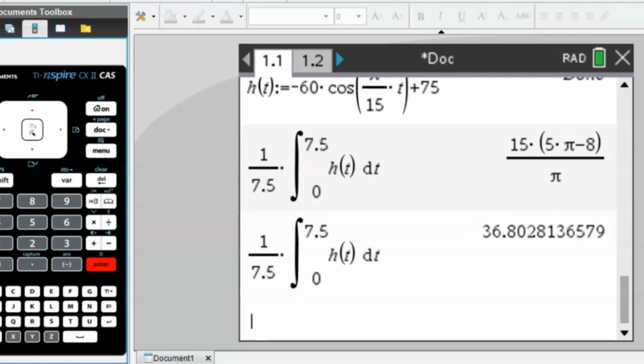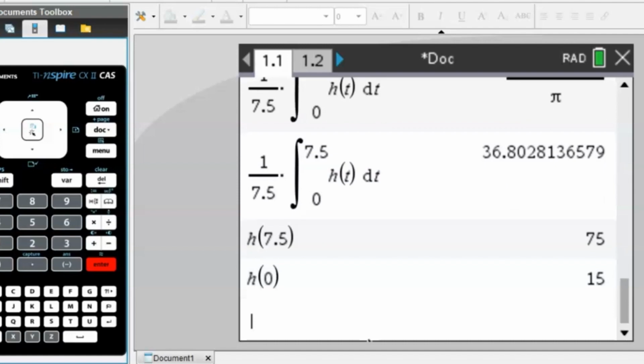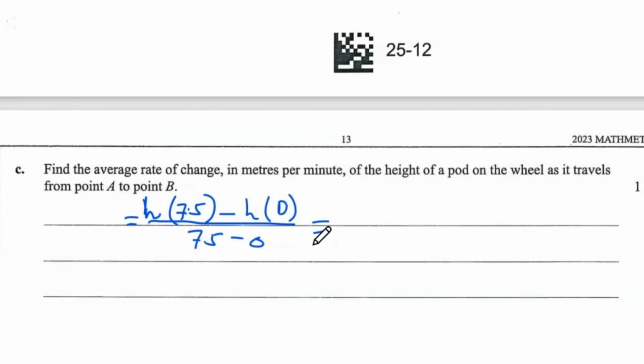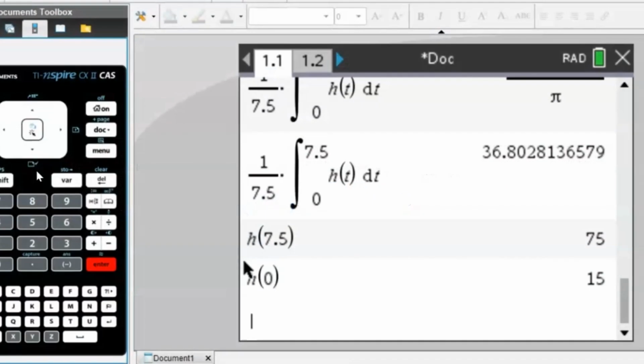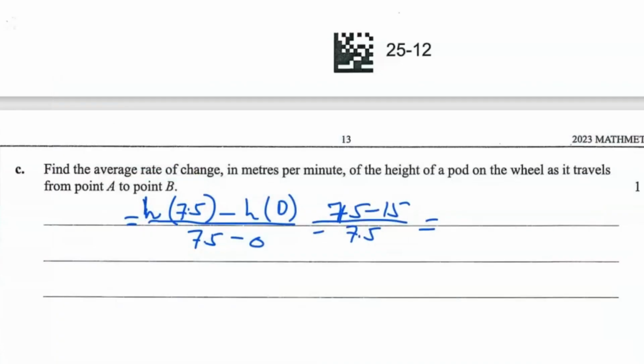Well, h of 0 is 15, so 75 minus 15, over 7.5, meters per minute.